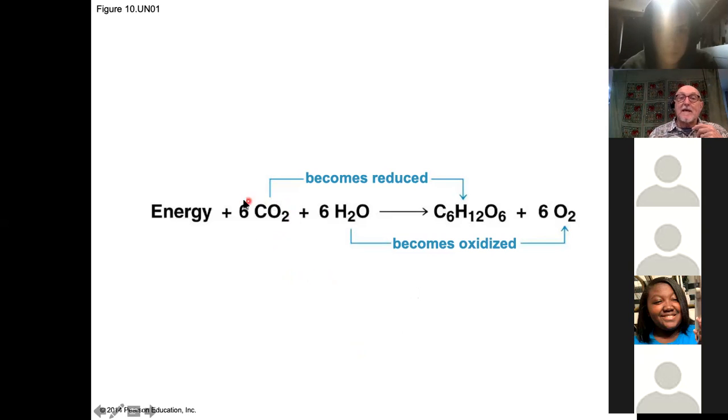What they're doing here, they're taking carbon dioxide and they are reducing it. They're adding hydrogen, electrons and protons to it. And that is derived from water. And water is what becomes oxidized. And if you oxidize water, you remove hydrogens from it. And what is your byproduct? It's free oxygen.